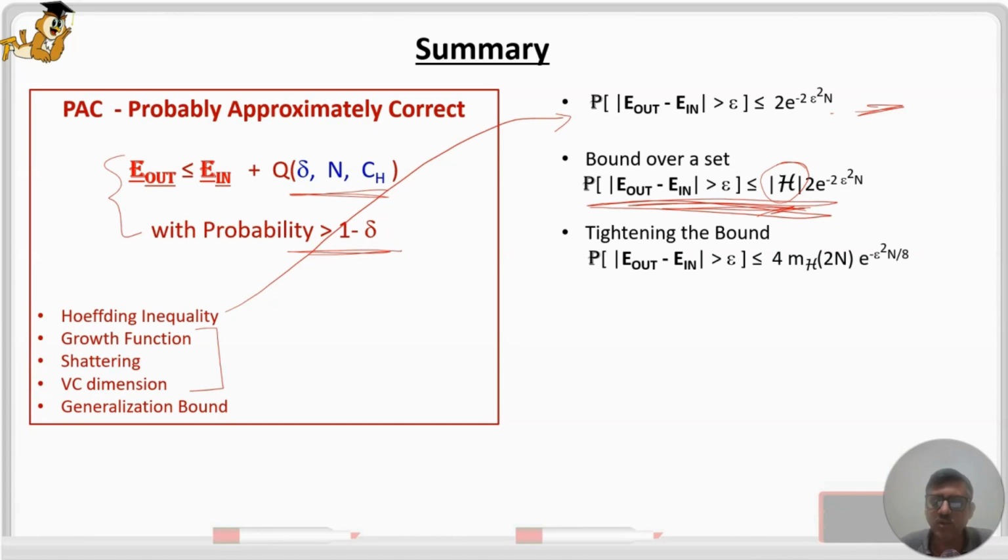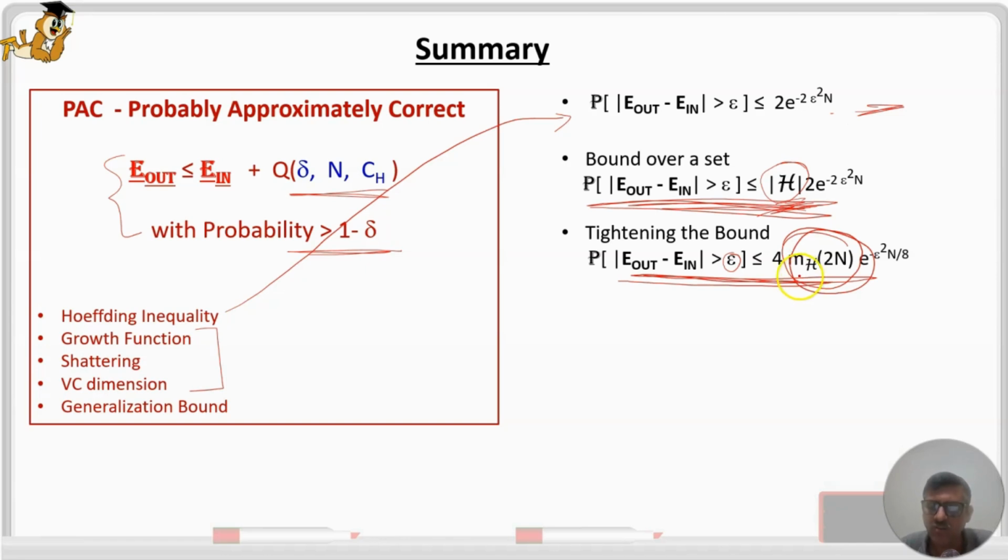We then proceeded to tighten this bound by noticing the overlap in the events represented by the different hypotheses in our hypothesis set. And this was a key result of today's lecture, where we said that the probability of the absolute difference between E out and E in being higher than epsilon no longer had this cardinality of H, which could be infinite, but had this term, the growth function, which we saw in the earlier lecture.